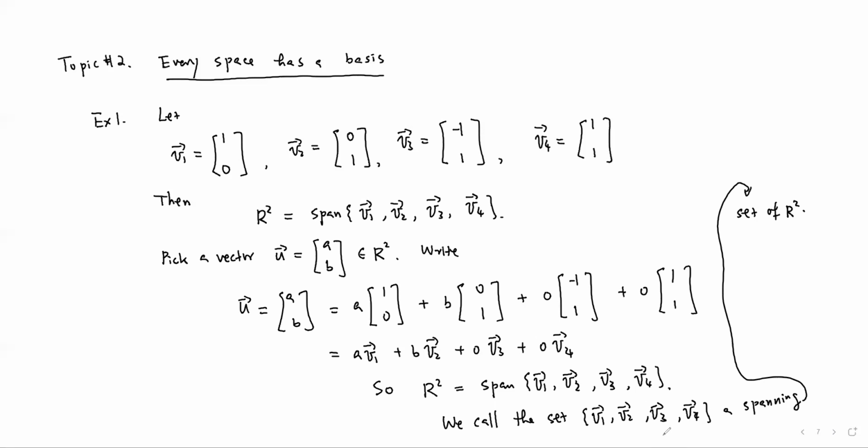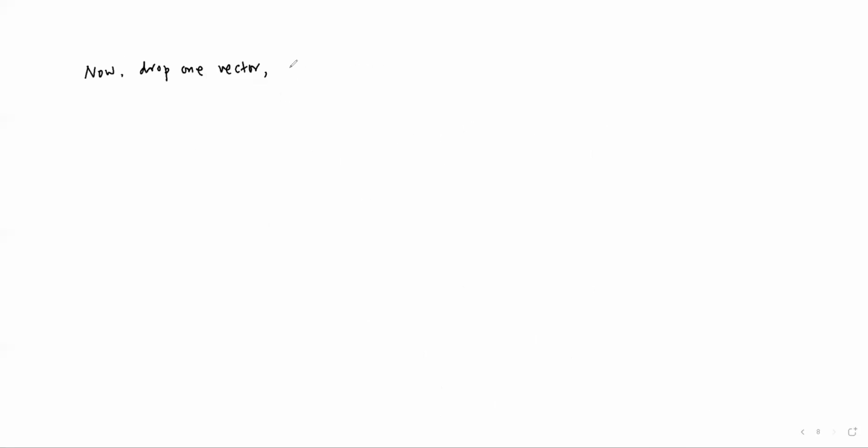Drop one. Say drop V4. Then can you see that R2 is still spanned by the remaining vectors?